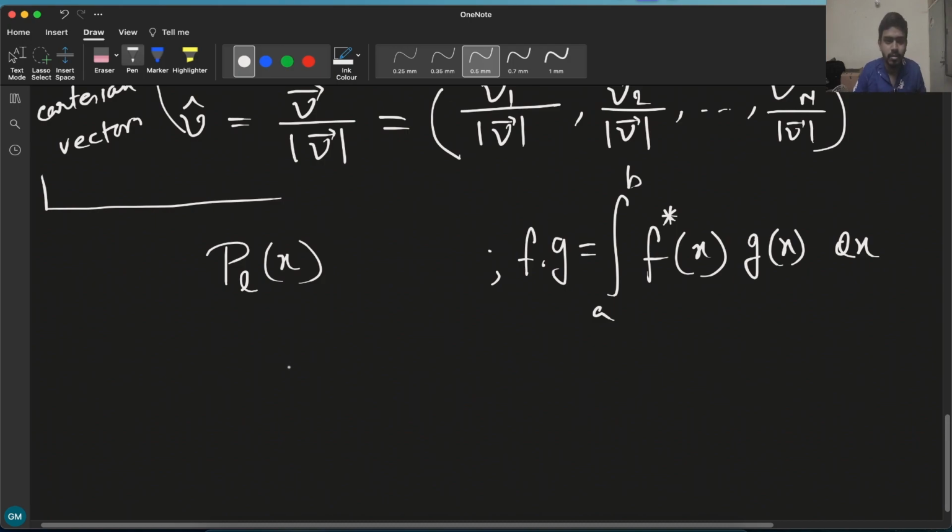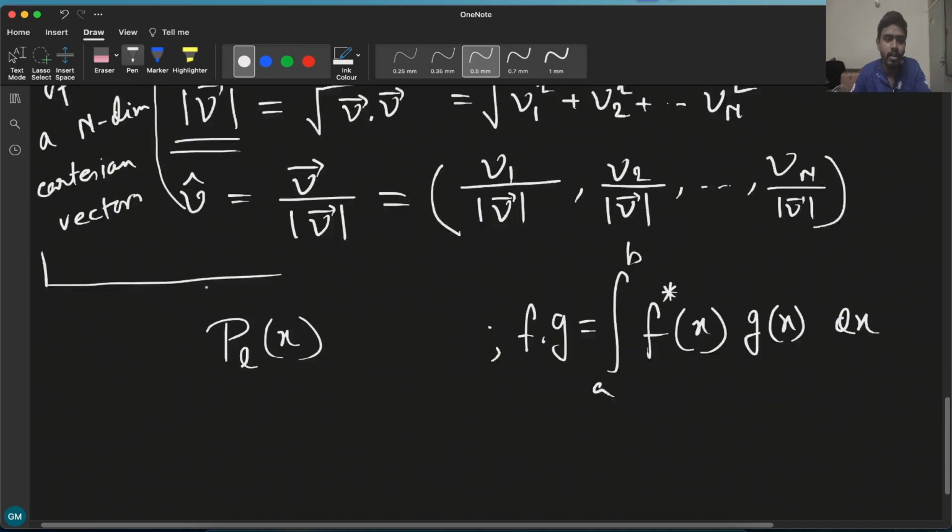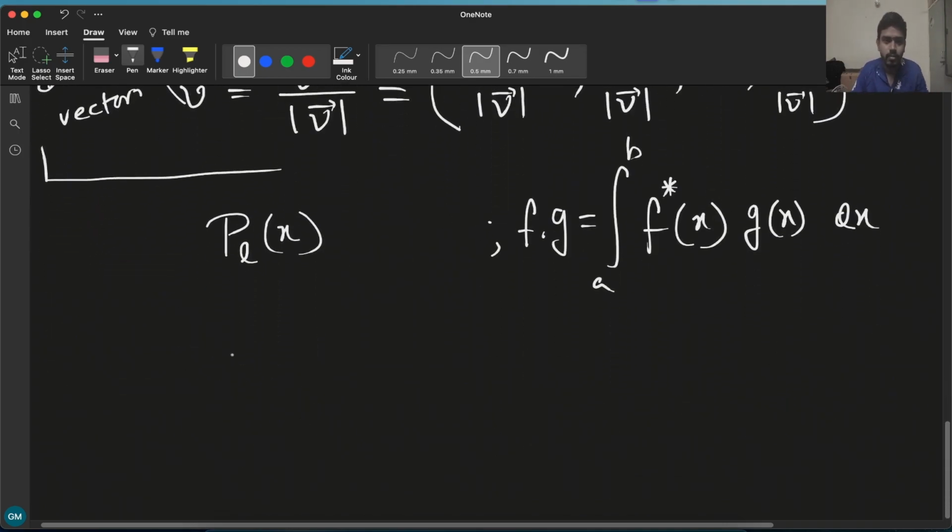So in that case, if we want to have a similar kind of quantity analogous to the norm of a vector, then it is basically, let me use a notation like norm of P_l(x), which is nothing but the dot product of P_l(x) with itself.